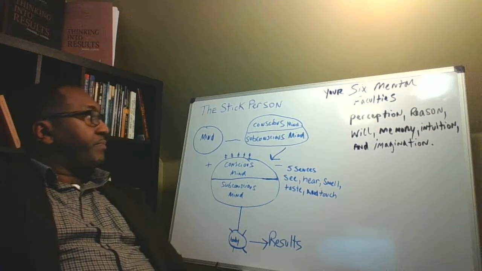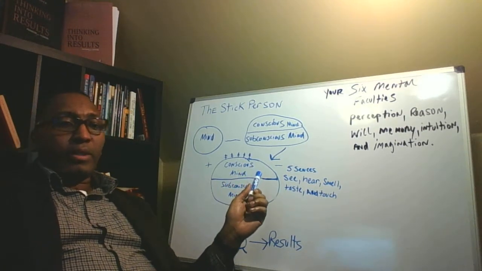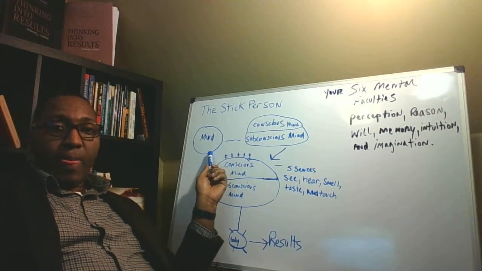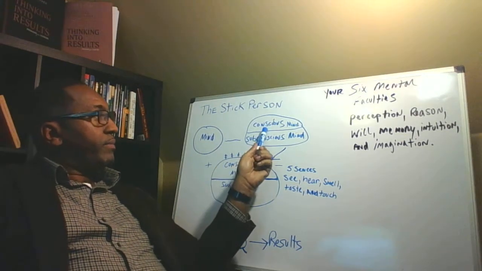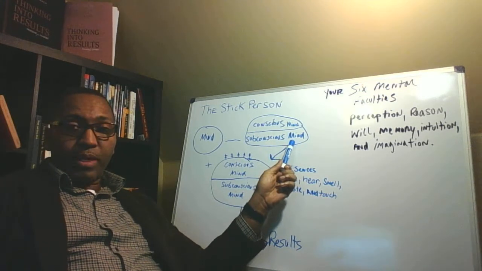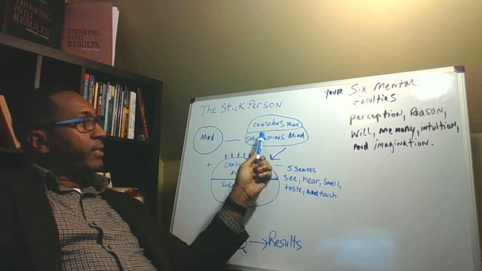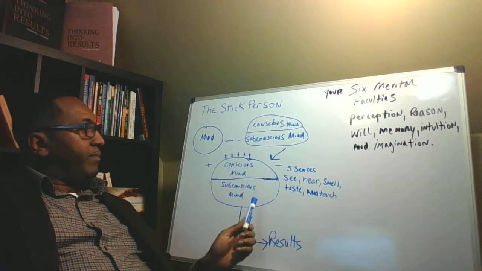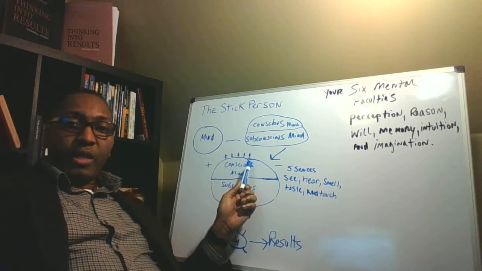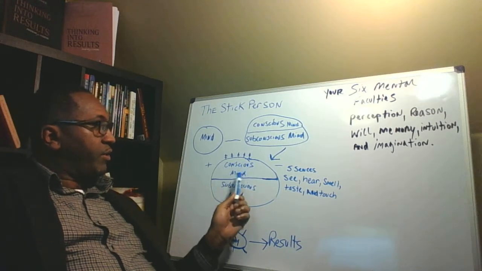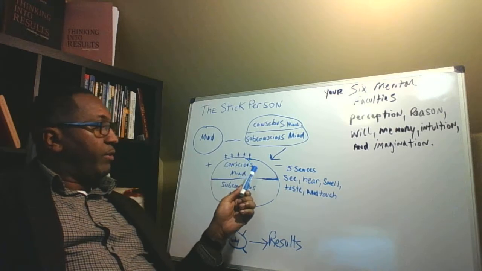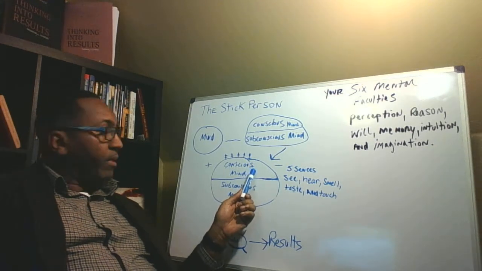You can see here to my left that we have a mind. We have two parts of the mind, our conscious mind and our subconscious mind. The top part, the conscious mind, is also called our thinking mind. It's where we get our intellect from.